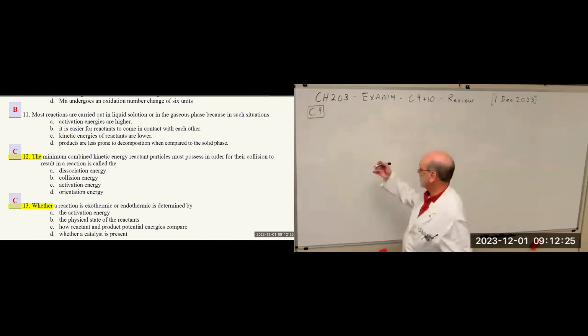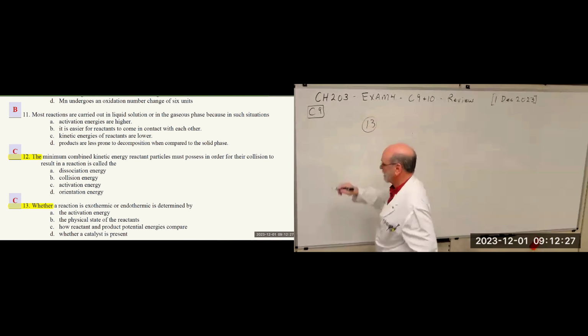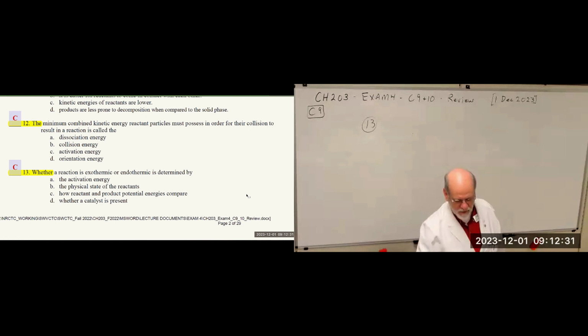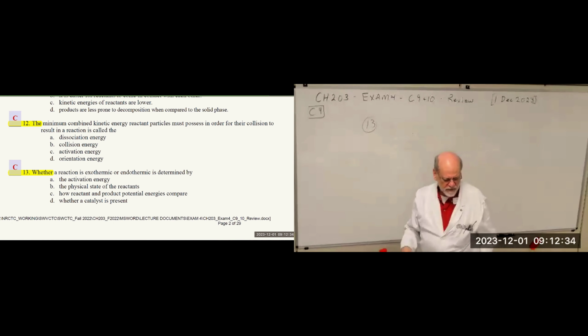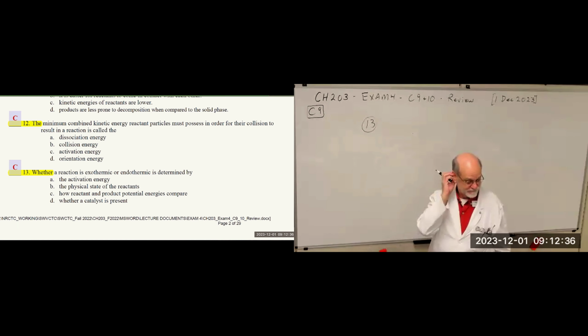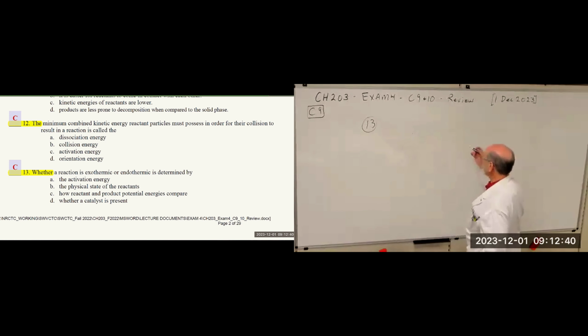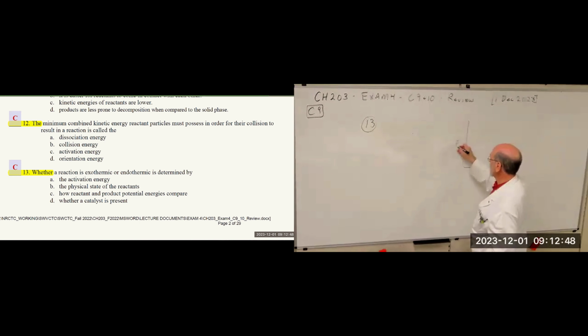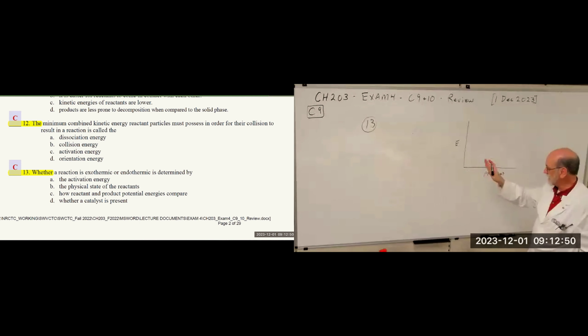All right, 13. Whether a reaction is exothermic or endothermic is determined by what? The best way to visualize this one is to look at the reaction diagram. Right, remember, this is progress of the reaction. And this is energy of all the species at any one time.